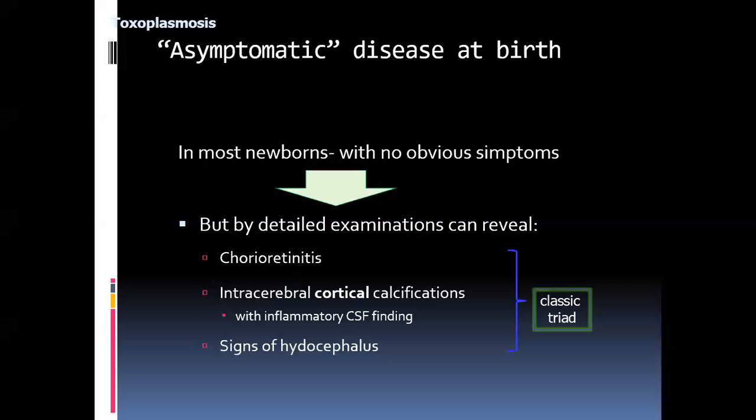Most newborn babies have no obvious symptoms at birth. But on detailed examination, they can reveal first of all chorioretinitis, and also the development of intracerebral cortical calcification. They can also occur.